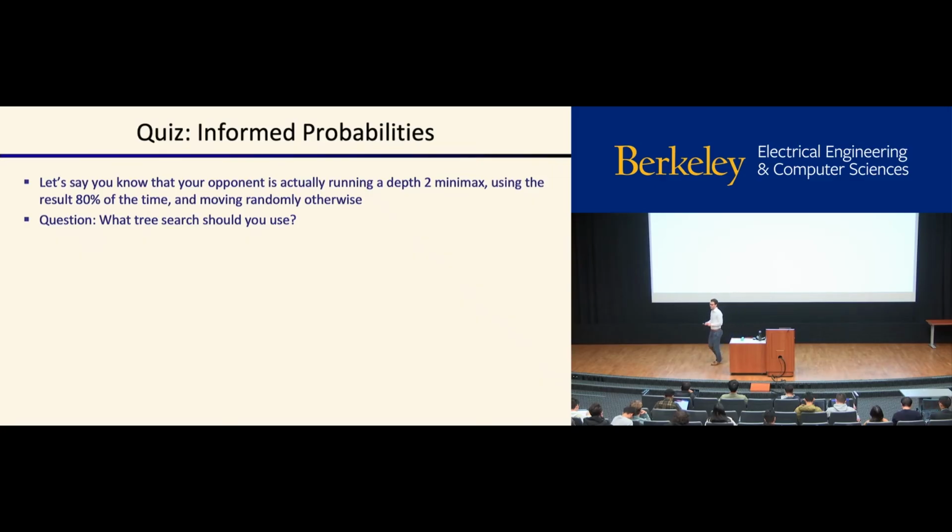What would you want to use for your search tree if that was how your adversary was playing? So 80% of the time they're running minimax, and then the rest of the time they're just picking randomly. Yeah?